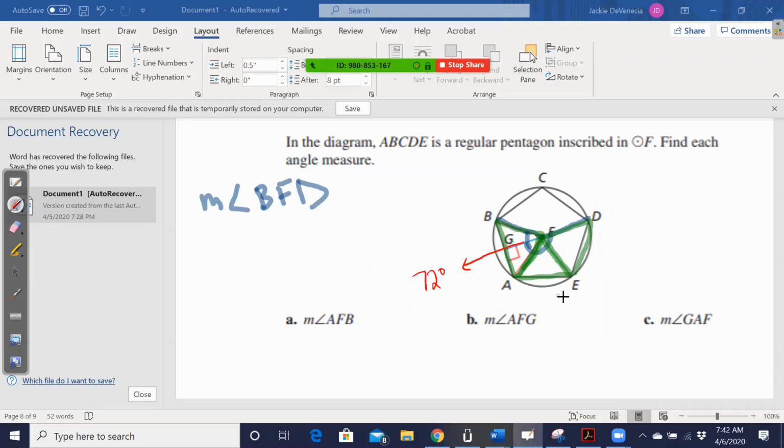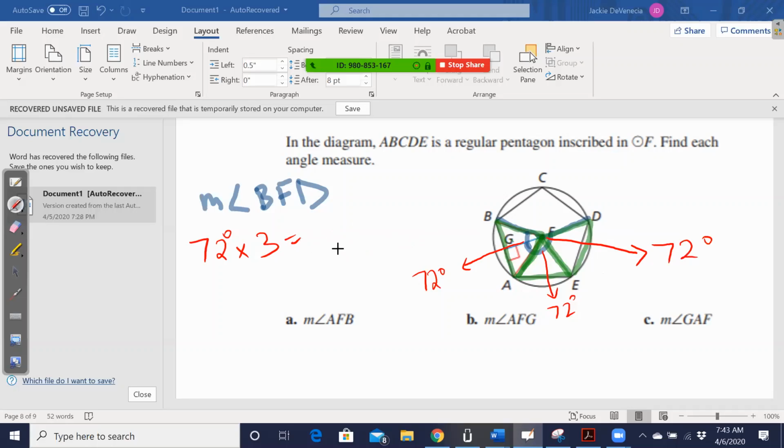Now because this was 72, and this is a regular polygon and it's part of a circle, this will also be 72. And this will also be 72. So to find this whole big angle, I'm just going to add 72 three times, or just do 72 degrees times 3.